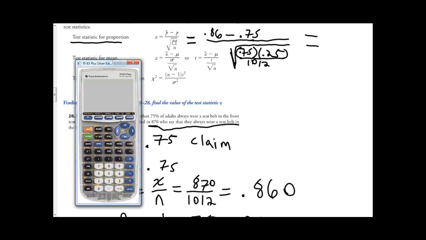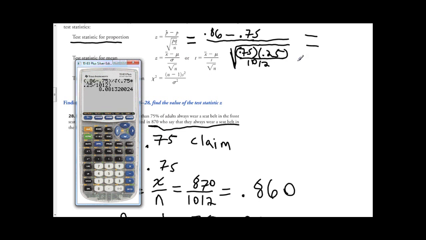On a TI-83, I put in 0.86 in parentheses, minus 0.75, close the parentheses, divided by the square root, so I hit second square root, then 0.75 times 0.25 divided by 1012, and I close that last parenthesis for the square root.